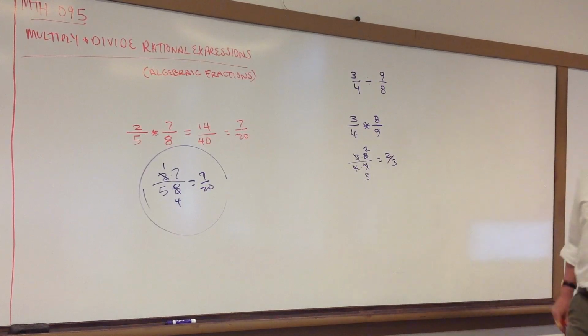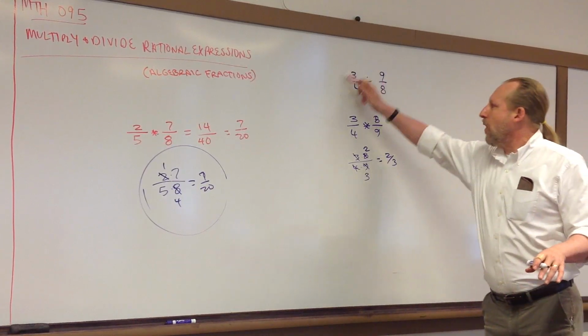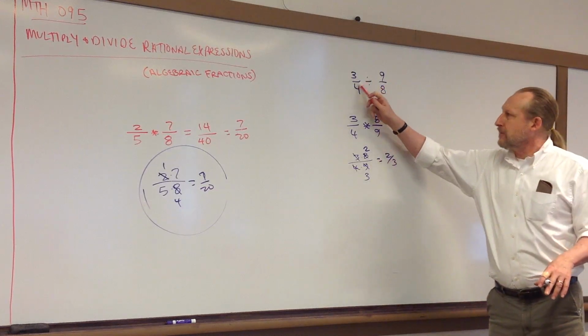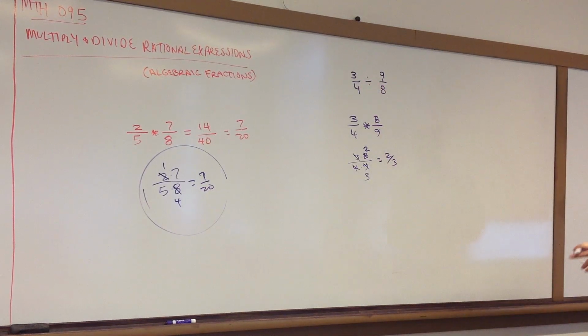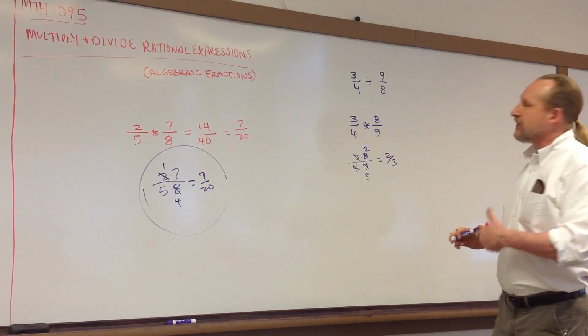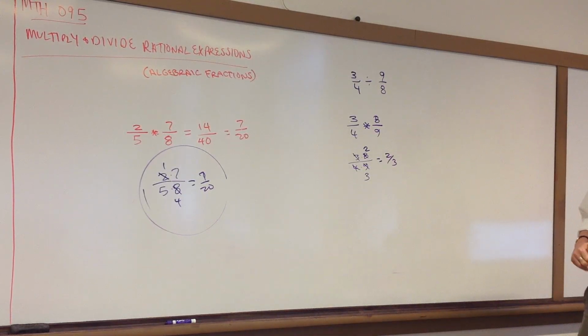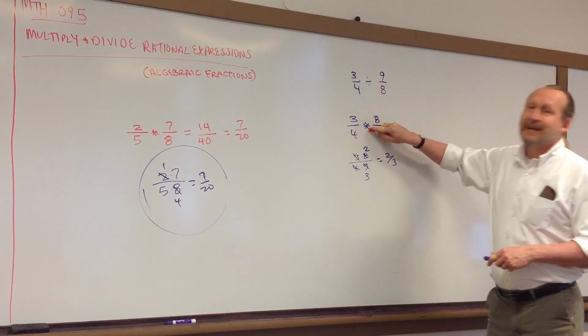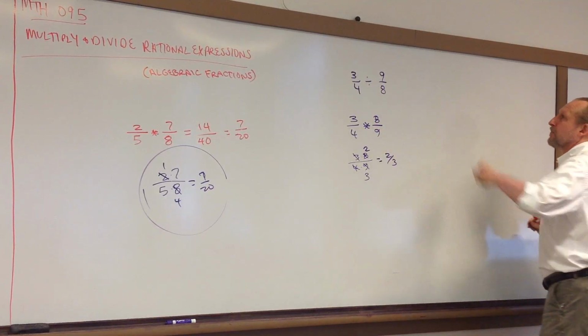Now, before I move on, I just want to talk a little bit about why do we multiply by the reciprocal? Why do we do keep, change, flip? Okay, so here's kind of a not very satisfying explanation, which is that division is defined as multiplication by the reciprocal.